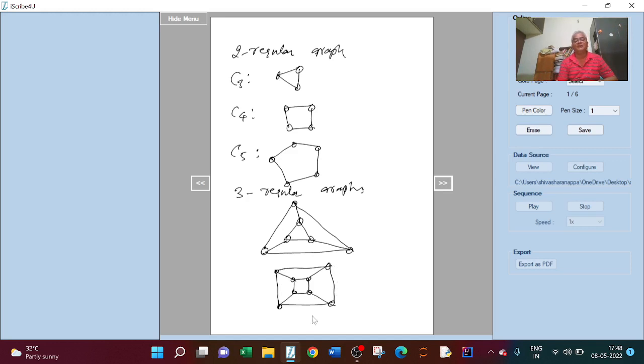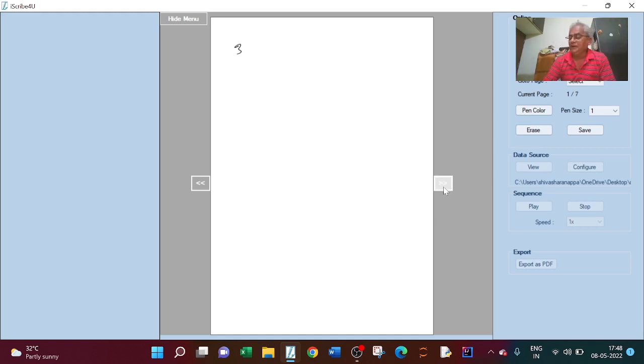How many vertices are there? 8 vertices are there, and the degree of each vertex is equal to 3. Therefore, this is a three regular graph. And here, a three regular graph is defined as a cubic graph. So a three regular graph is called a cubic graph.